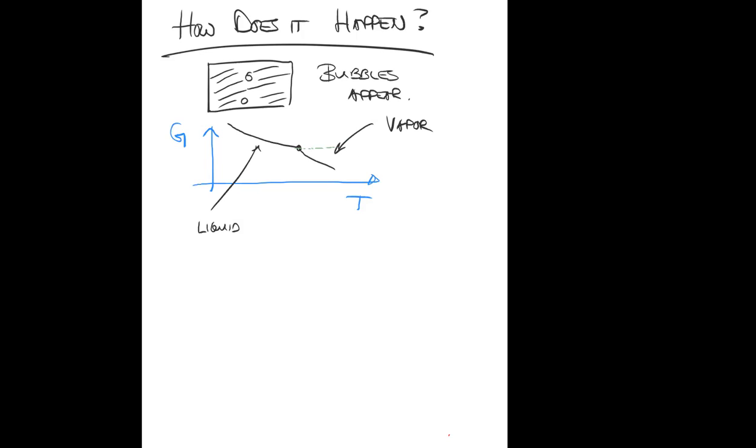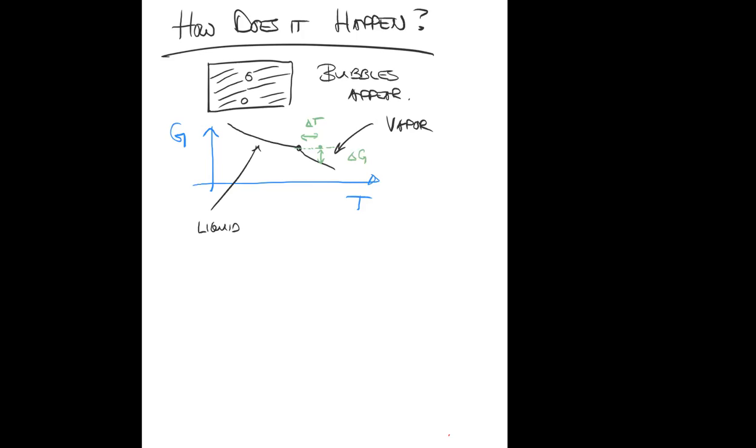So we're at some temperature that's above TC. In principle, the system is all vapor, but maybe occasionally there's still a little bubble appearing, okay? So what you see from this plot is that if you sit at some temperature that's delta T above the phase transition temperature, then, because the slopes are different, there's now a difference in free energy between these two curves, okay?